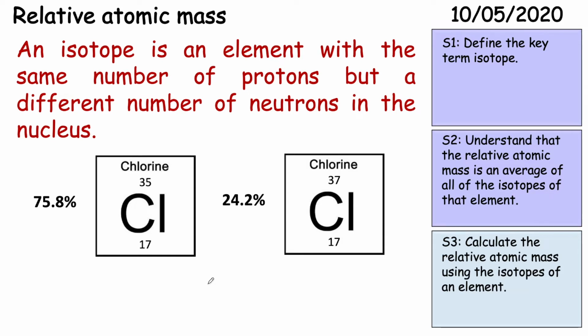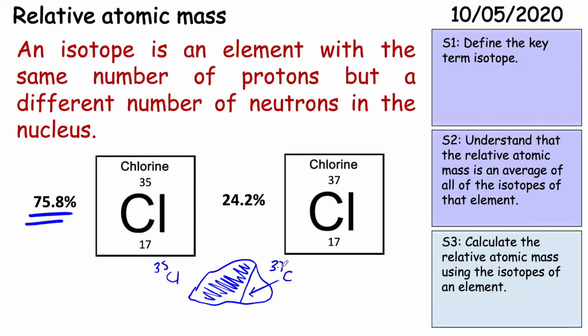Now let's for example say a lump of chlorine, 75.8% of that lump would be made up of Cl35, and the other portion would be made up of chlorine 37, 24.2% of it in fact.